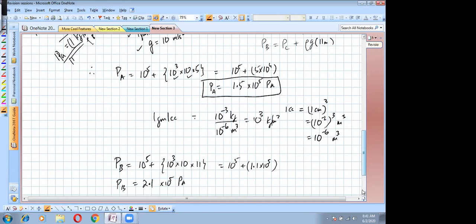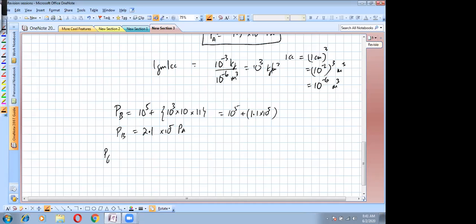So typically we also call the P naught, which is approximately 10 raised power 5 pascals, 1 atmosphere or 1 bar, or even 1 torr sometimes. So the pressure at the point E is becoming 1.5 atmospheres and the pressure at the point B is becoming 2.1 atmospheres.